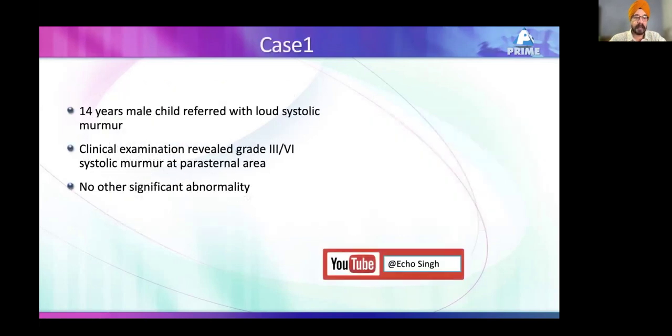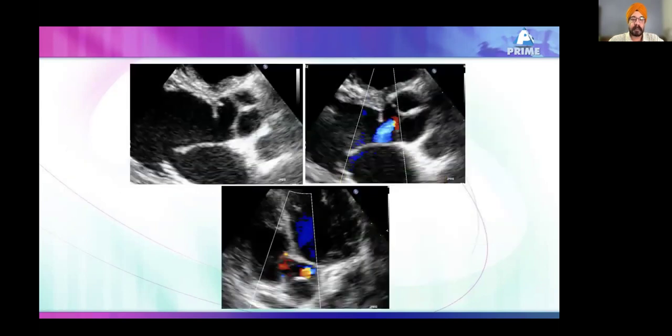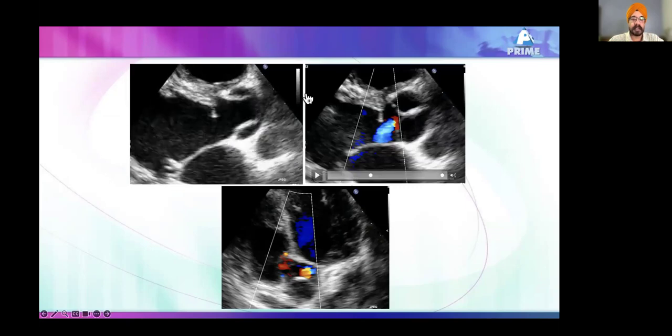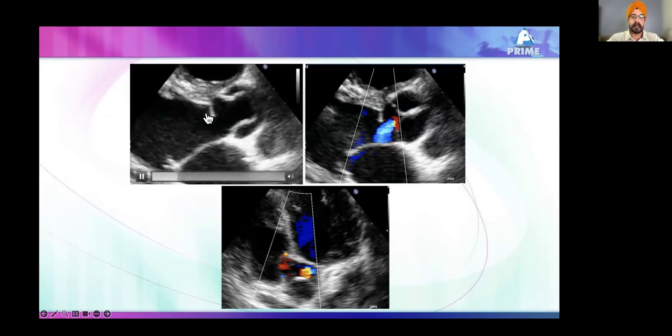Begin with case one. It's a young male with a loud systolic murmur in the parasternal area, showing severe aortic stenosis as far as the gradient goes. The velocity is more than 5.5 meters per second. On scanning, you can see a very distinctive, clear membrane just below the aortic valve.